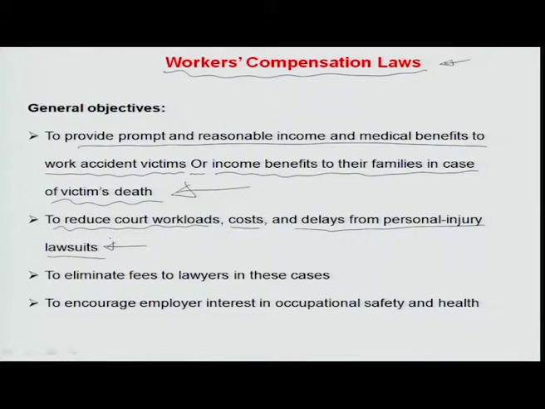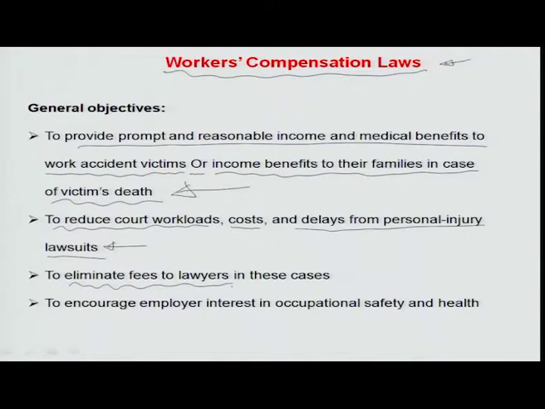So, there has to be a framework through which every such case is handled, so that there is uniformity and people are aware that such a framework would compensate in a particular defined manner, and it will not vary between different deaths which have happened. It really reduces a lot of litigation cost to the company if you have such a proper compensation law in place. Also, because of lawsuits there are additional costs like fees to lawyers, and generally the cost of lawsuits is very high.